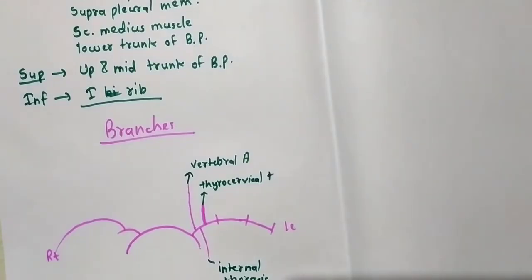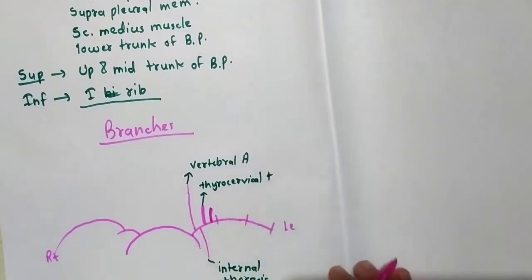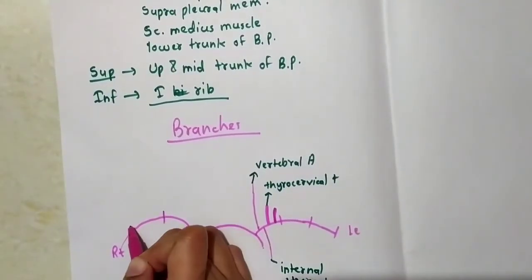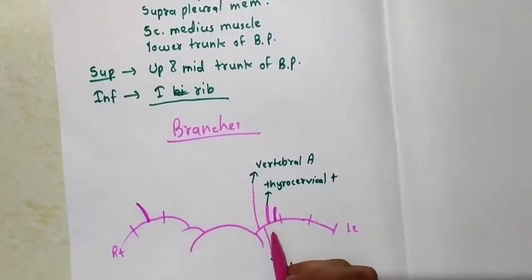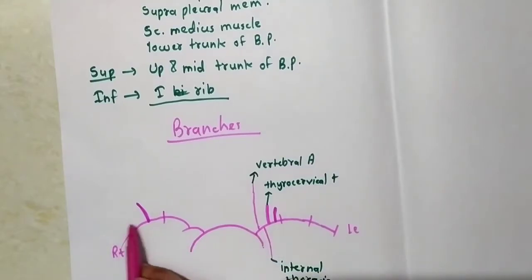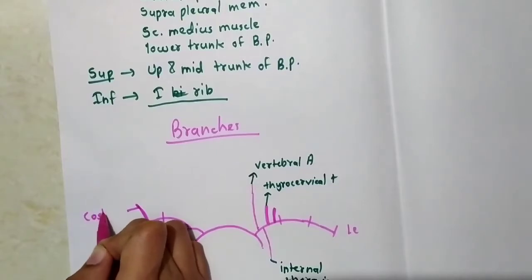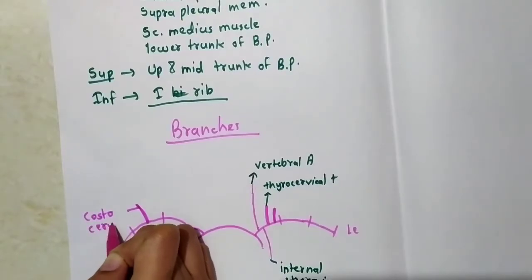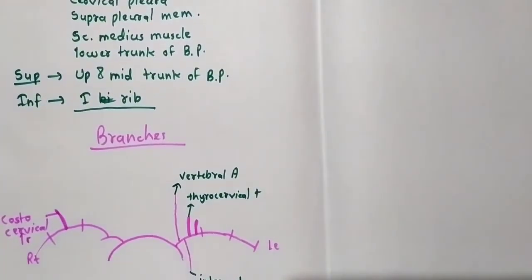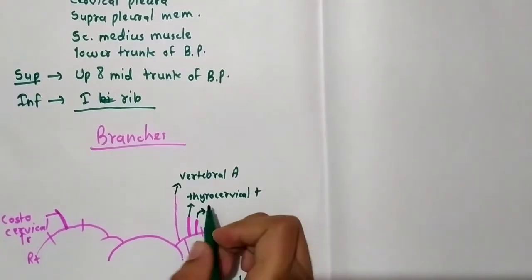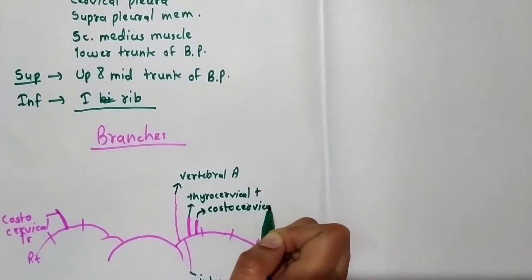And then there is the costocervical trunk, which originates from the first part on the left side, and on the right side it originates from the second part. So from the first part on the left side and from the second part on the right side. This is the costocervical trunk.